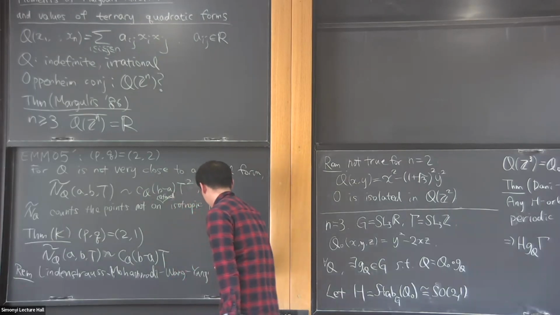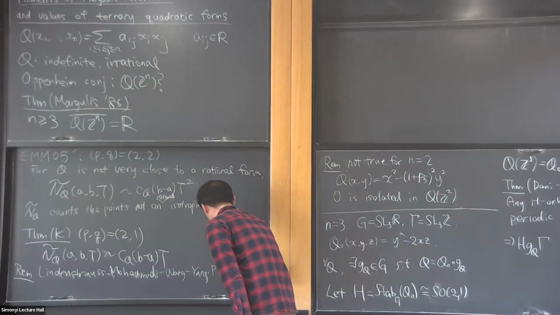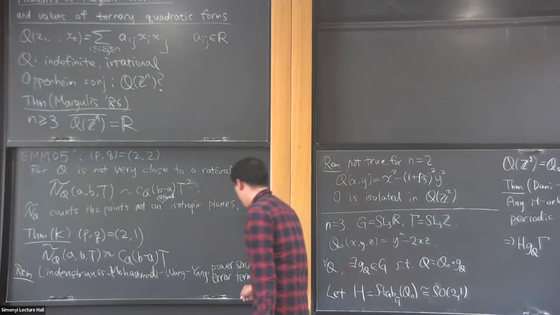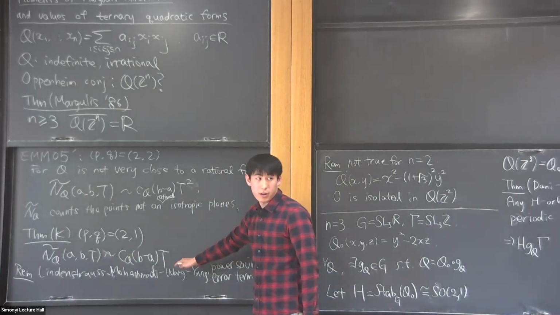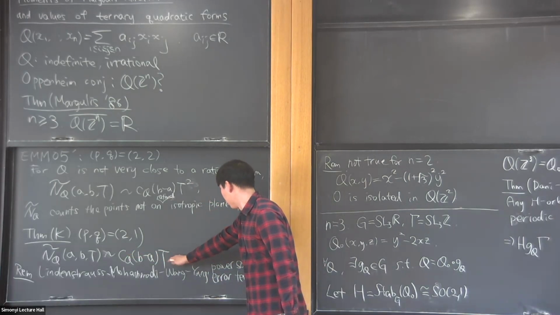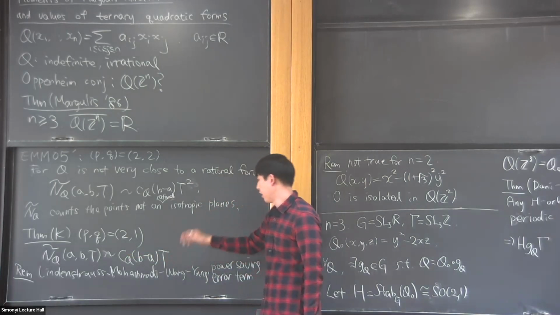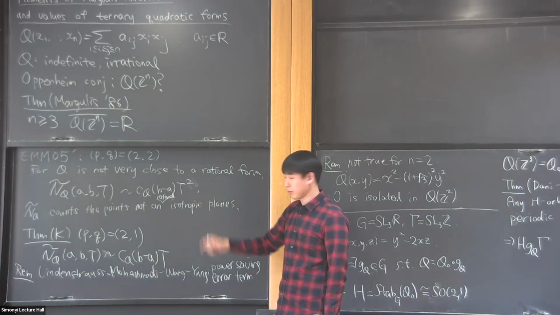They proved a power saving error term for this asymptotic. So the error term would look like big O of t to the 1 minus some power saving.